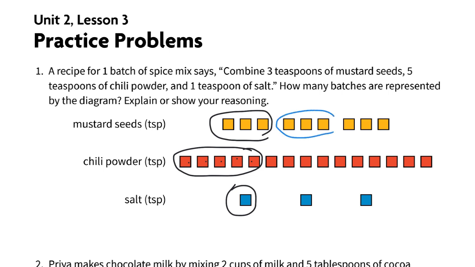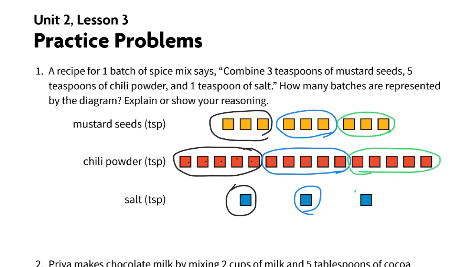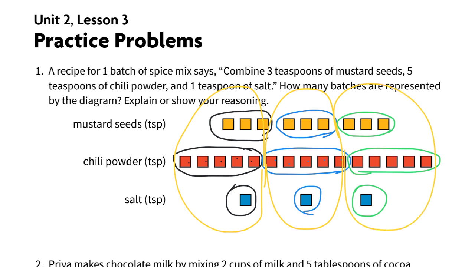So here, let's do another one. And I'll circle it in blue. 1, 2, 3, 4, 5. And then lastly, let's do it in green. And then here is our final one. So we can see that we've got, let's see, how many batches? We've got 1 batch, 2 batches, 3 batches.